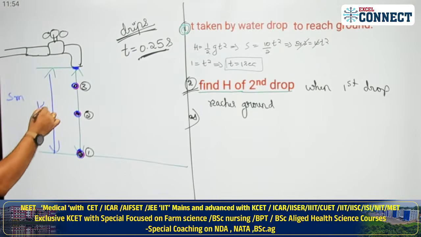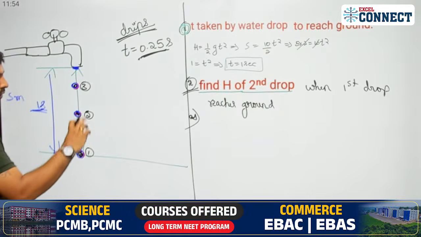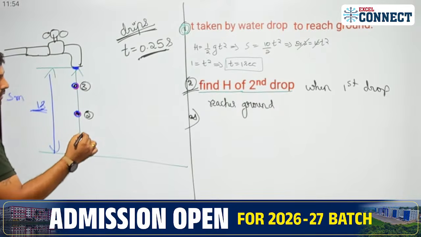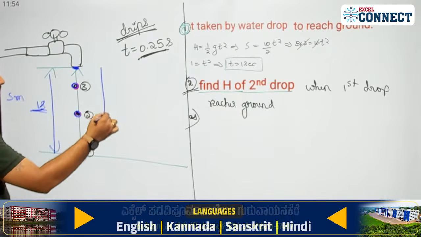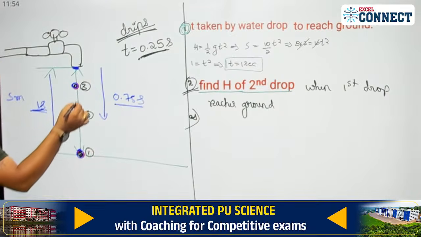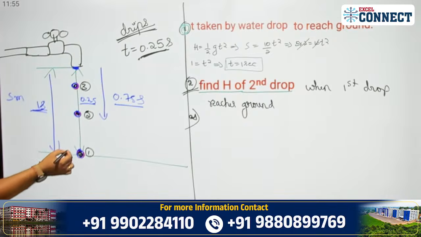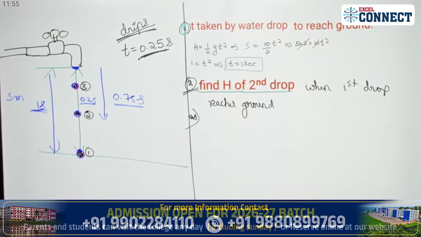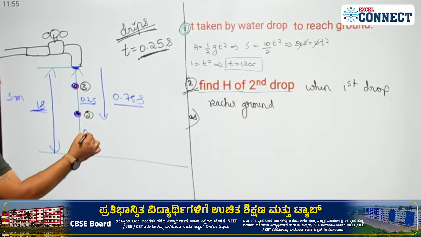What is the total time? Total time is 1 second. After 0.25 second, there is second drop. What is the time taken by second drop? It is 0.75 second, right? And again there is a 0.25 second gap here.